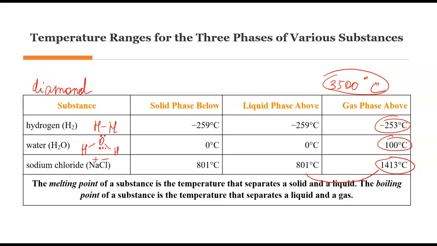So that's why it has polar covalent bonds, and that's why this molecule is polar, right? So two types of covalent compounds in front of us: hydrogen, non-polar bonds, non-polar molecules; water, polar bonds, and polar molecules.